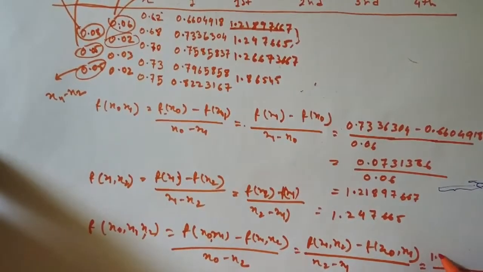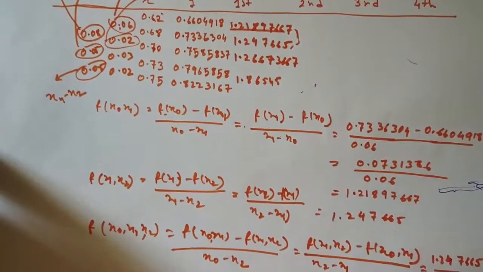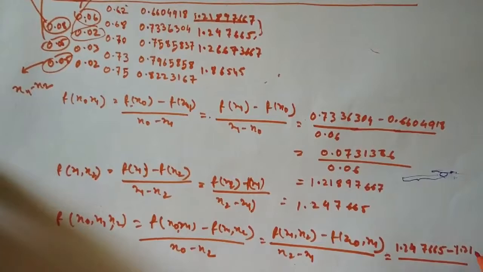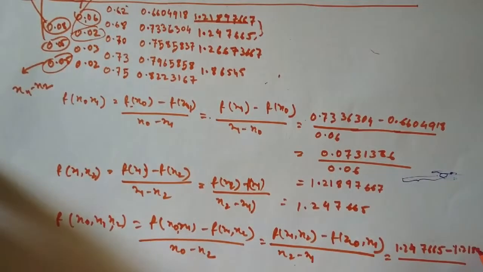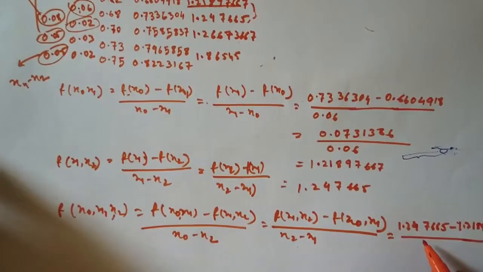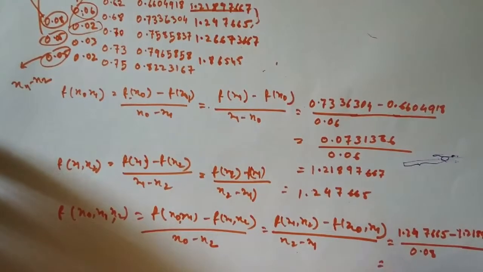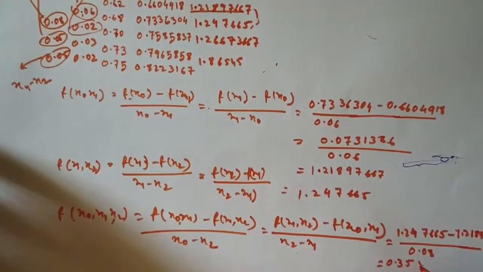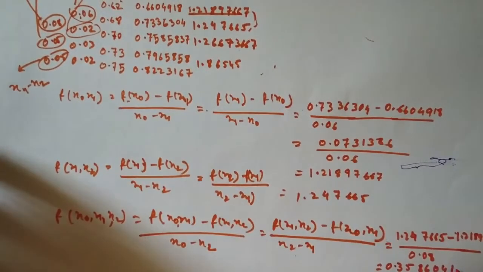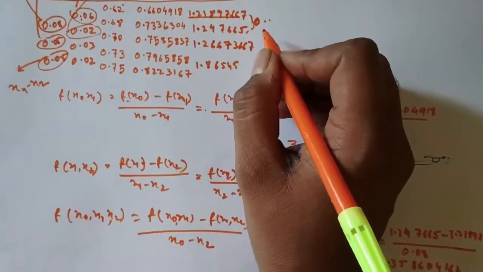So just write the value of the divided difference which we get from the previous step, calculated. It will be this. Write it in between the previous two lines.